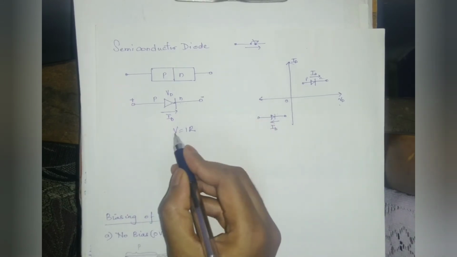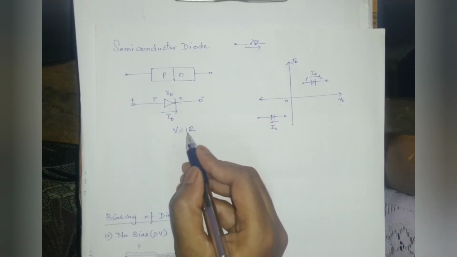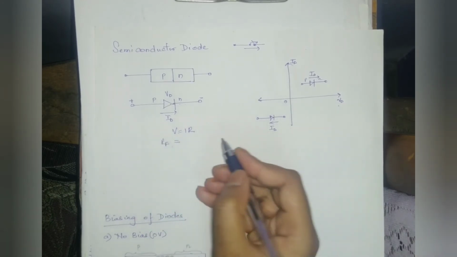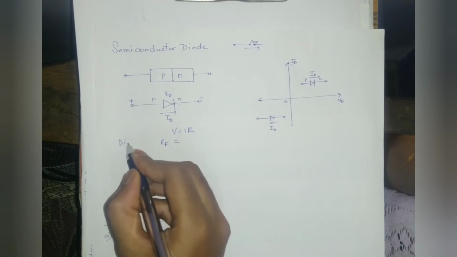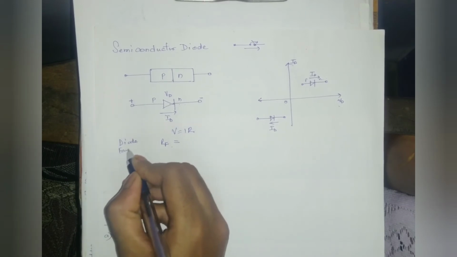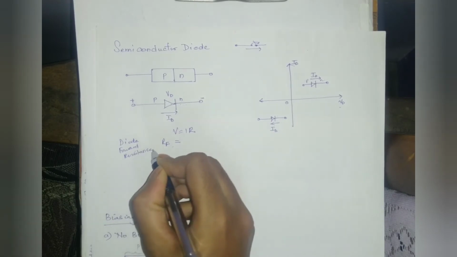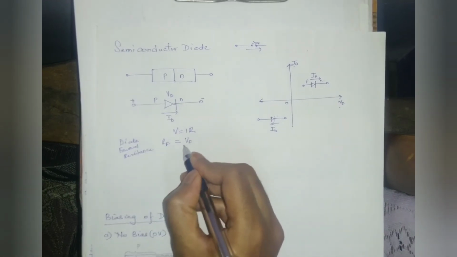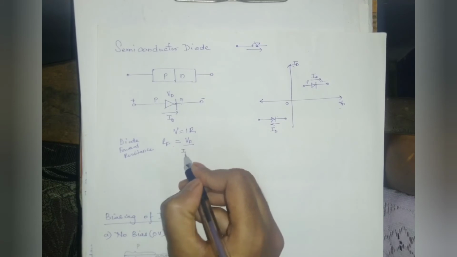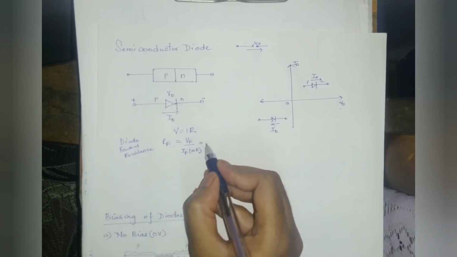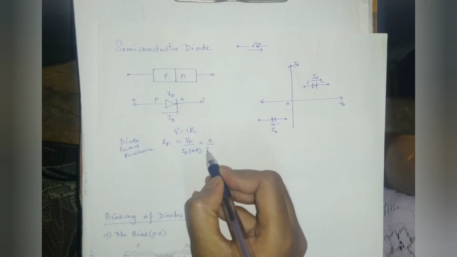From Ohm's law, the diode forward resistance R_F is equal to the forward voltage upon the forward current in milliamperes. Since the current is flowing, the forward voltage will be equal to 0 upon I_F.